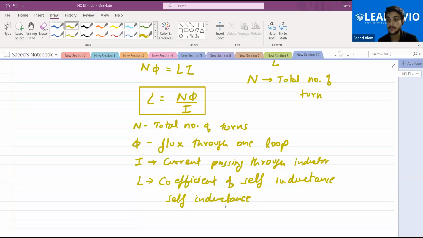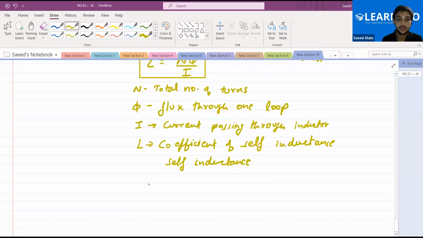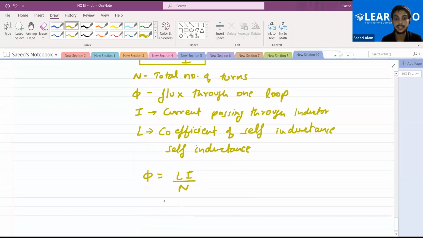Yes, sir. What next can we write? As we know this, flux equals L I by N. Can we write it like this? So if the current through it changes, that means I changes. If I changes, do you agree that the flux will change?